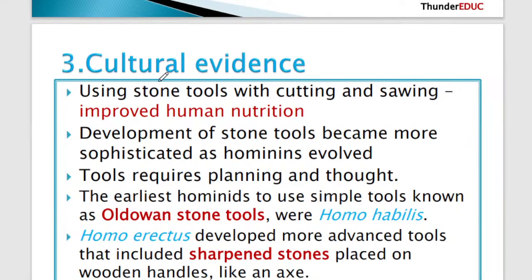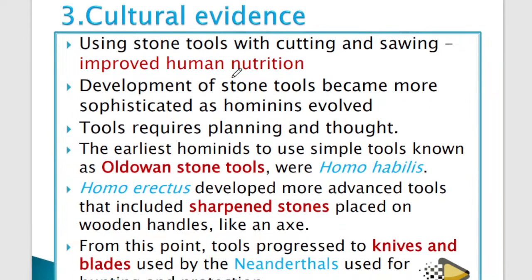Then we go to cultural evidence. Here we say that using stone tools is linked to cutting and sewing, all these things. The development of this tool became more sophisticated as these hominins evolved, and this required planning. You have to plan, and you can't plan without a brain.